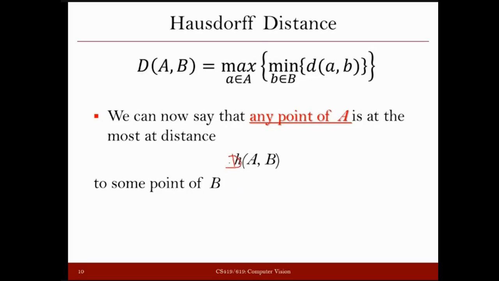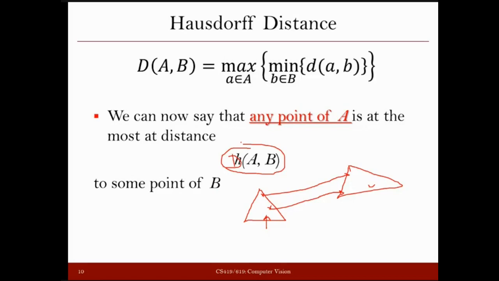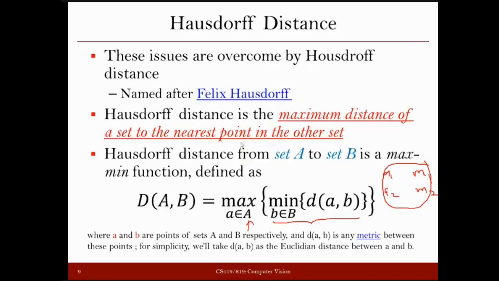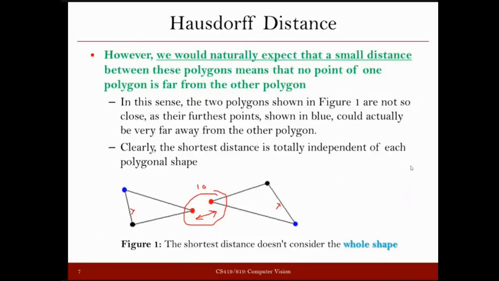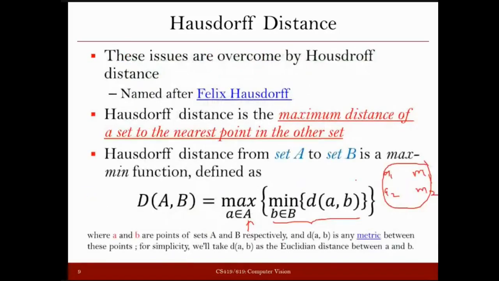So the distance of any point of A is at most D AB to some point of B. So if you tell your distance in terms of this value, in the previous example the distance you have here will be more than what you have in the second example. So at least the issues that we have discussed are resolved if you take the maximum of the minimum with respect to these two shapes.